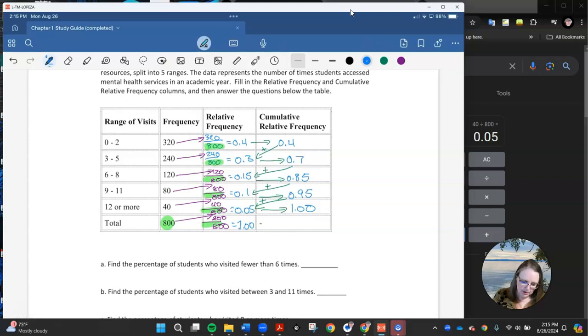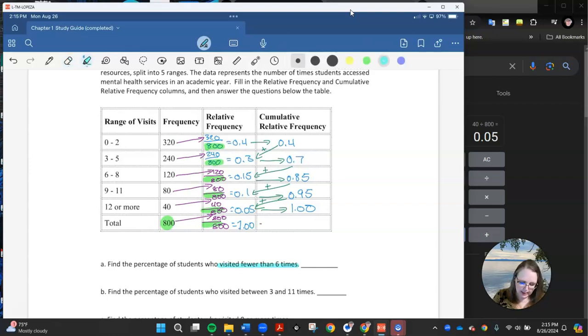So I'm going to use some highlighting here. So students who visited fewer than 6 times. So I could look at these and add those up and divide by the total, and that would give me the information, but it's already baked into the chart.